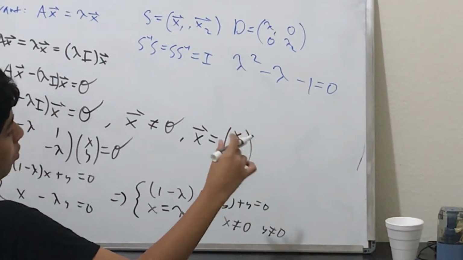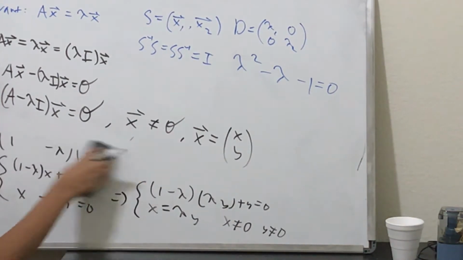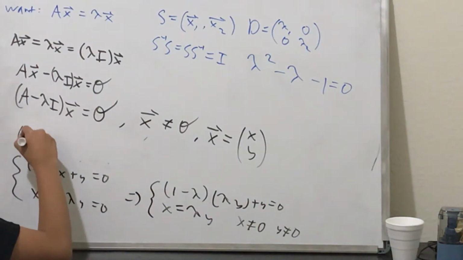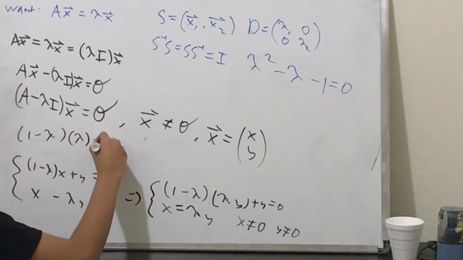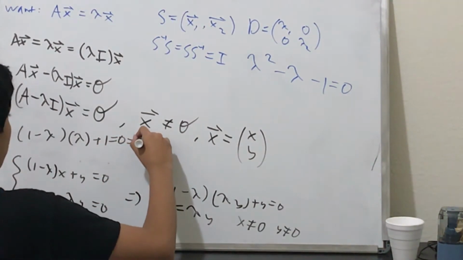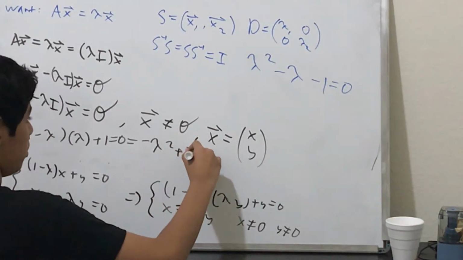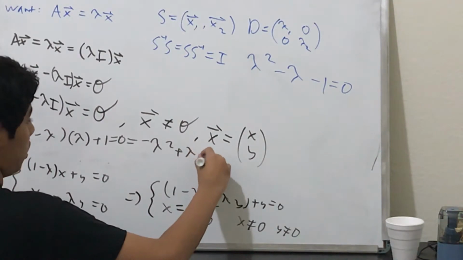Now that we know y is not 0, we can divide by y, and we get that 1 minus lambda times lambda plus 1 is equal to 0, which is equal to negative lambda squared plus lambda plus 1, sorry.